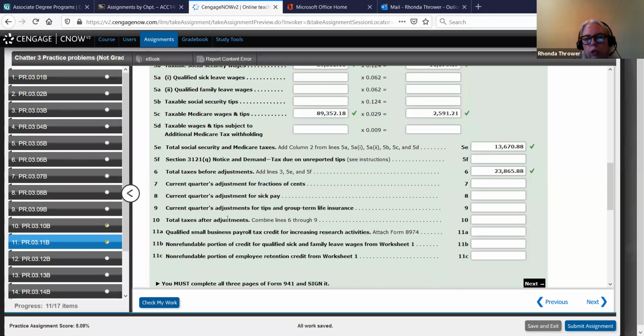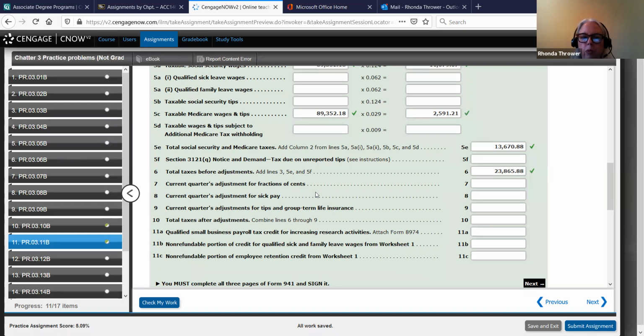Now let me talk to you for just a second about this current quarter's adjustment for fractions of cents. You might remember that we talked about there could be some rounding errors due to the withholding of the taxes. And if there are rounding errors, there are going to be some fractions of cents.